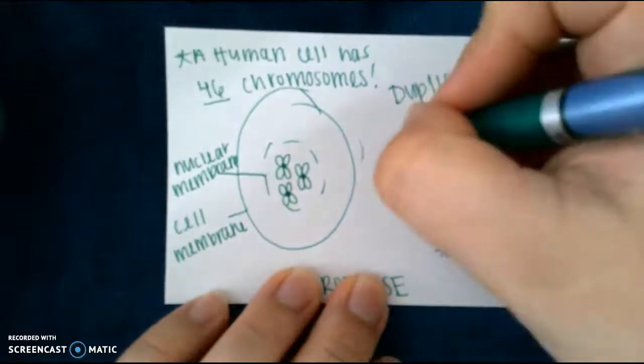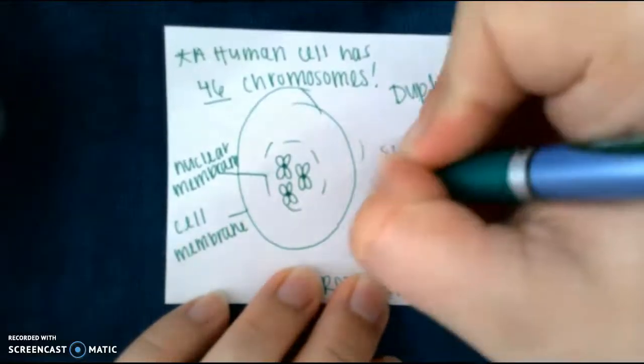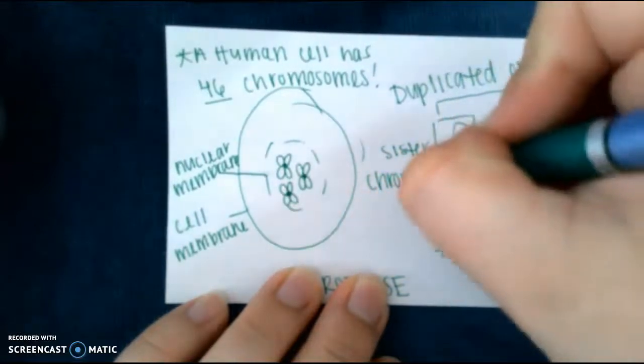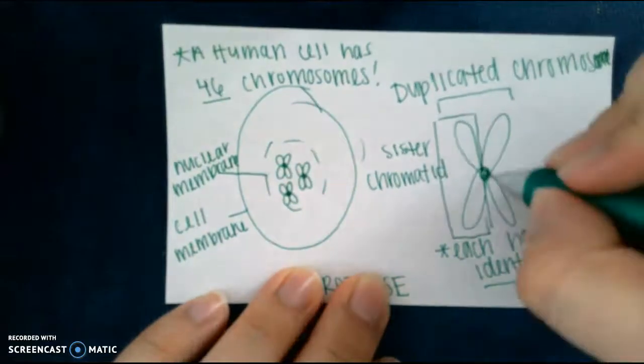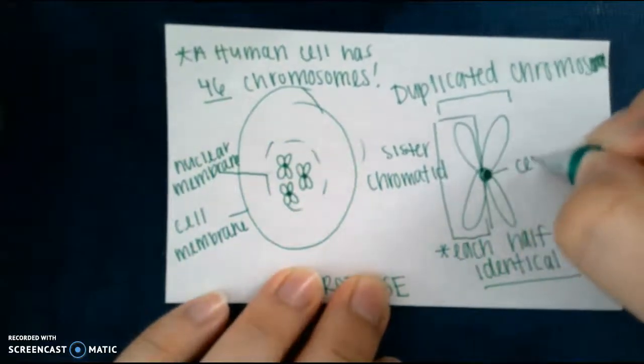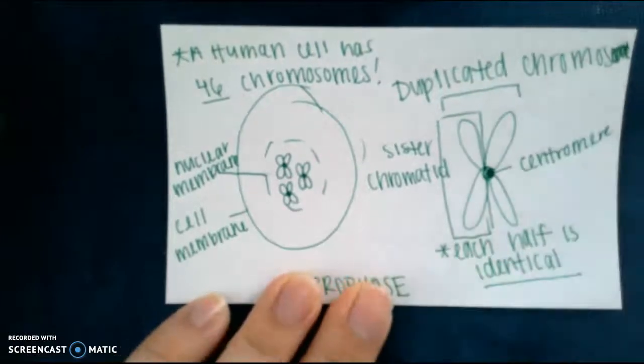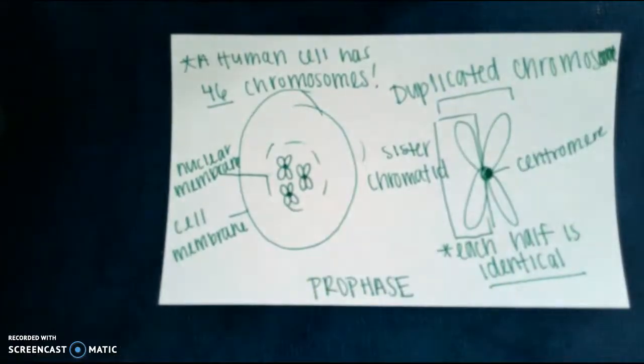Now I happen to circle the left side, but I also could have circled the right side. They are both called sister chromatids. And then this little center thing here is my centromere. When I'm counting the number of chromosomes in a cell, I'm counting the number of centromeres that are there.